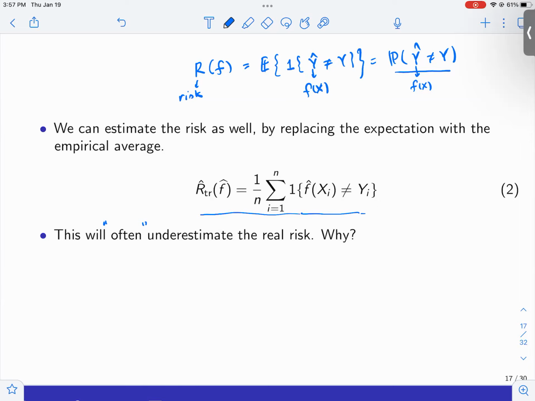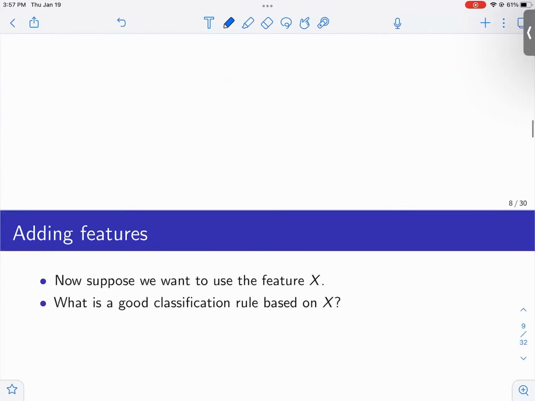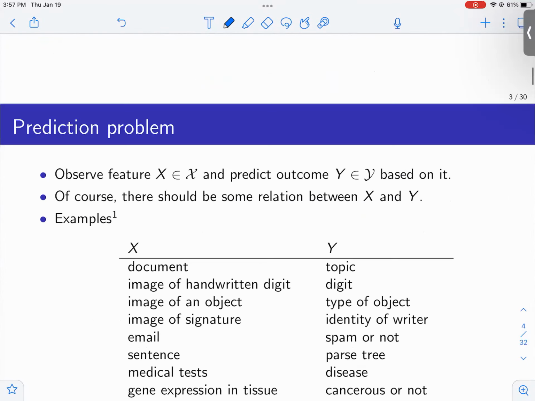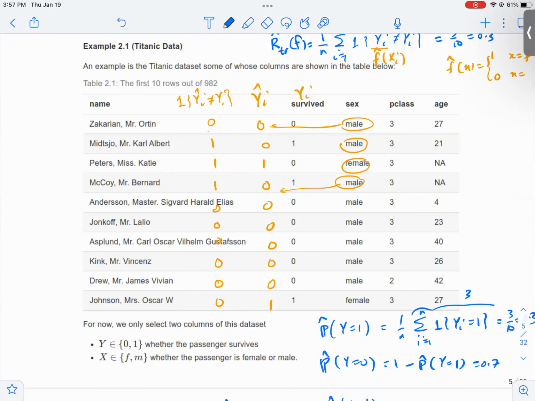Instead of doing this on the same data, you do exactly the same thing on the rows that you haven't seen, which are in the test set. So you do the train-test split and evaluate the classifier on a different portion of the data than the part you trained on. That portion used for evaluation is called the test set, and the error that you get that way is called the test error.